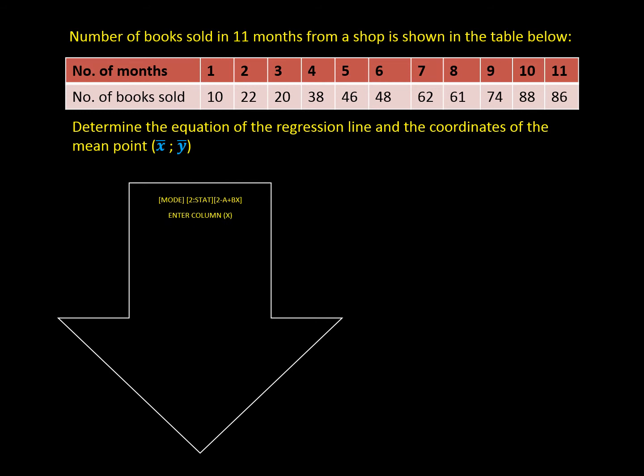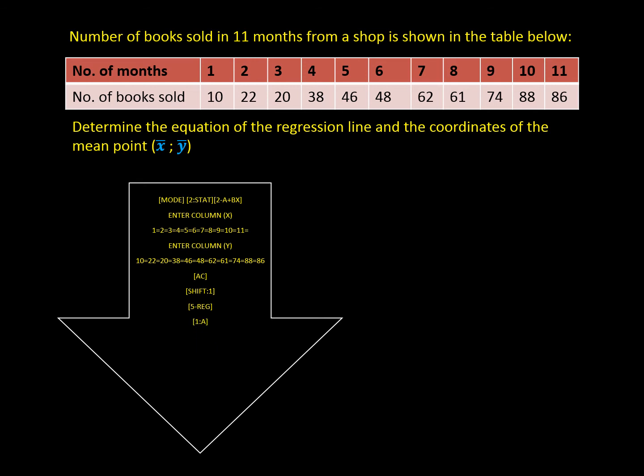You will see a plus bx in the calculator. Continue. Column x, you punch all the numbers in column x. Then you enter column y. Carefully do that. Now AC. Now shift 1. We know that method. Then you press 5, number 5 for REG, which represents regression.